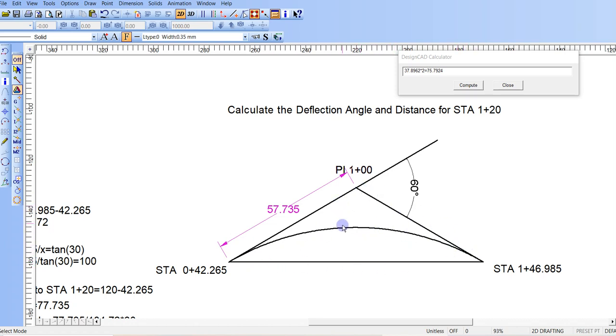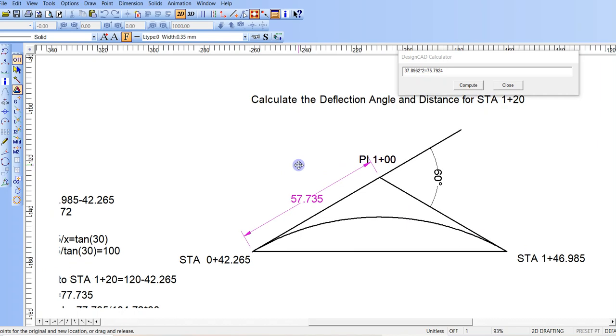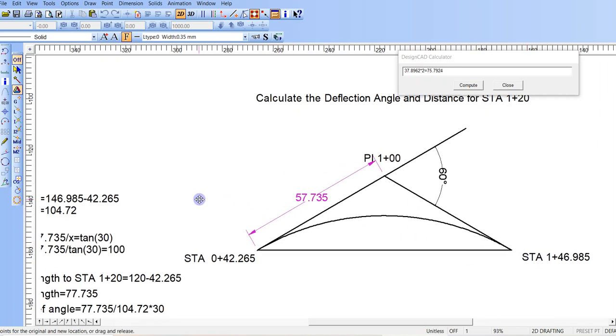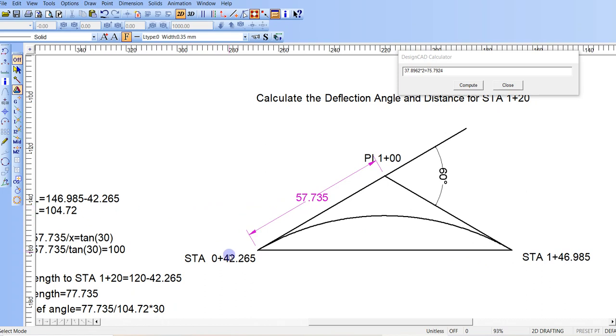Since it's provided, you can just do the subtraction: 146.985 minus 42.265, and that gives us the length of this curve.